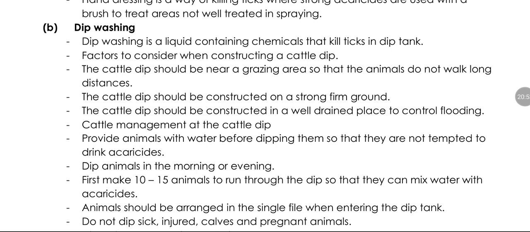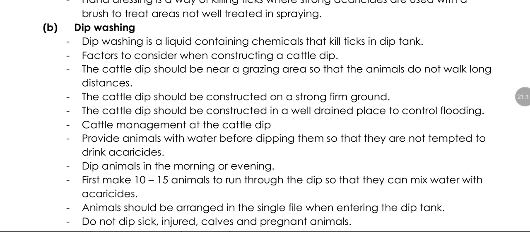Okay. So factors, the first factor there is the cattle dip should be near a grazing area so that the animals do not walk long distances. Giteeke okumpi newooliisiza. So togiteeka wala nnyo ng'omala okutambuza animals ku bbanga eddene because animals zijja tuukayo nga zikoze ki? Nga zikooye.